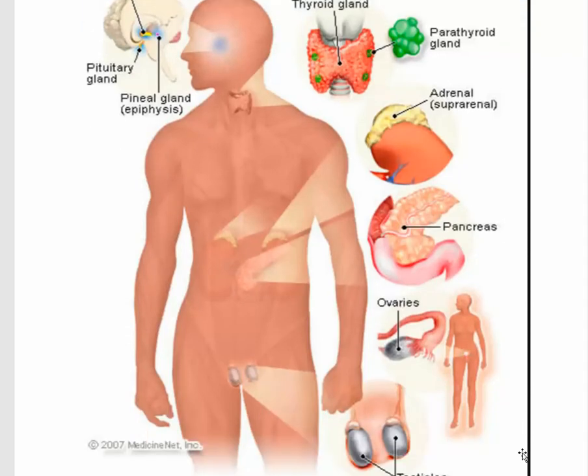It's noted from a coding standpoint that some of the organs of the endocrine system are located or coded to a different area of the coding system, such as the ovaries go to the female reproductive, the testes go to the male reproductive, as an example.